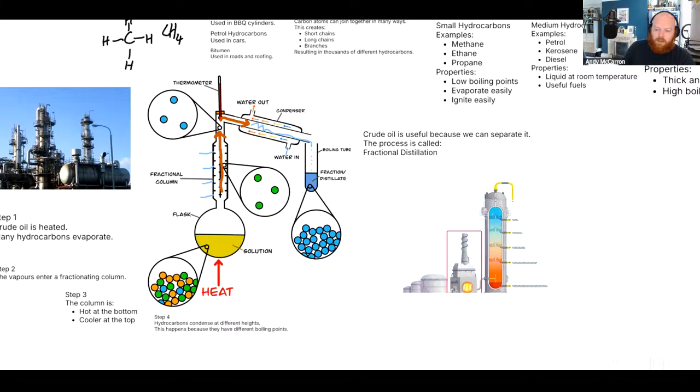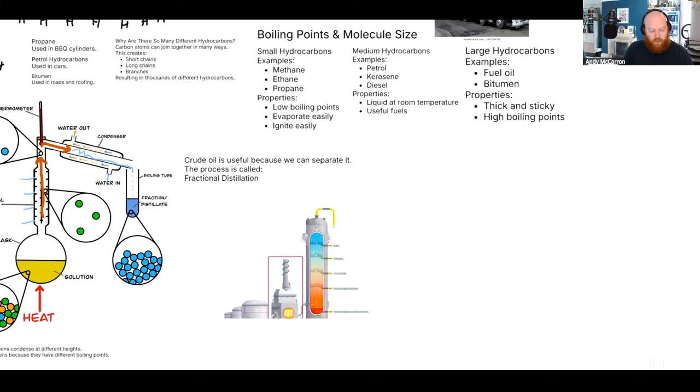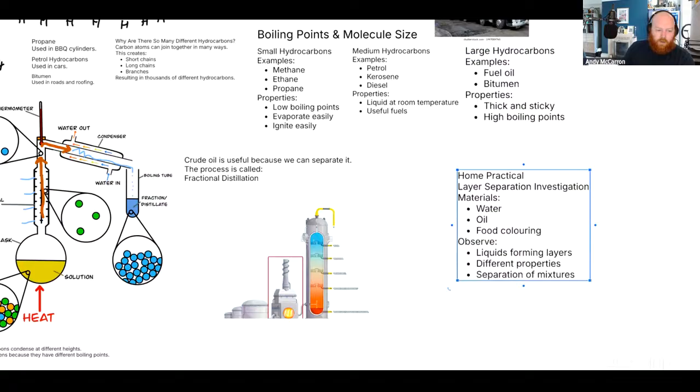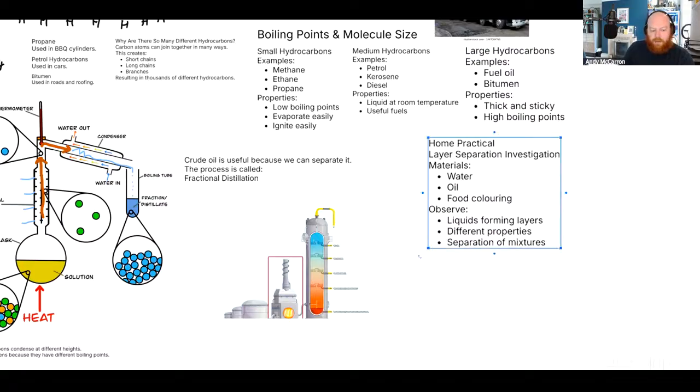And one of the things that I love to tell my students to do is this little practical here. So this is a nice little layers practical. Get some water and oil and a bit of food coloring so that you can see the clear difference between the two.